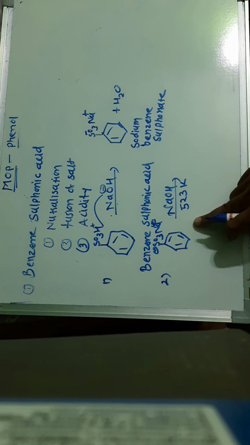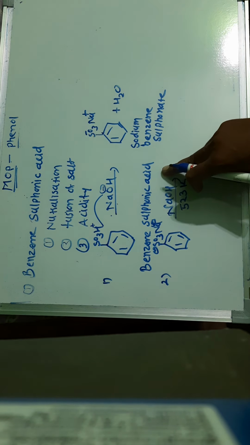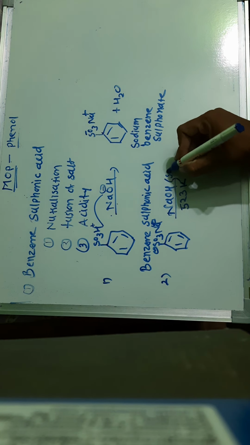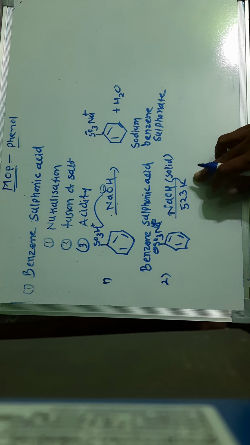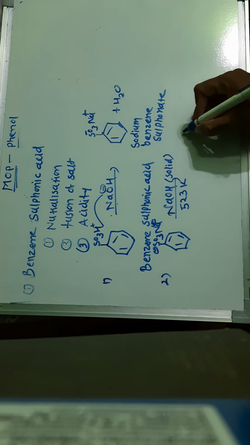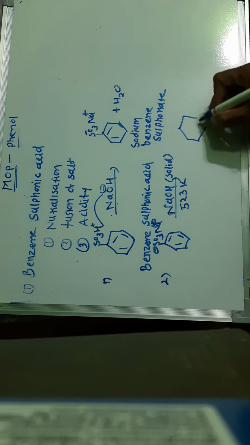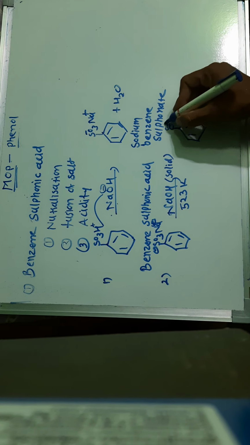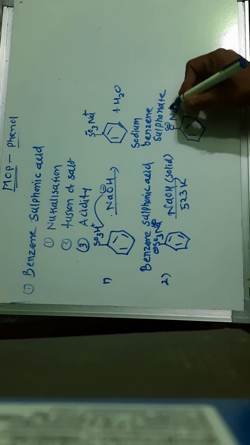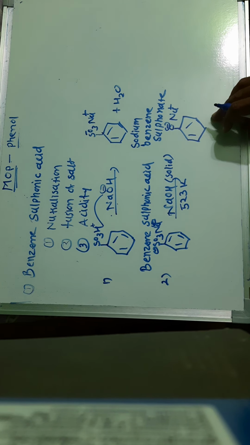When we heat this sodium benzene sulfonate salt with solid NaOH at 523 Kelvin, we get sodium phenoxide, that is O negative and Na positive. This is the second step product.